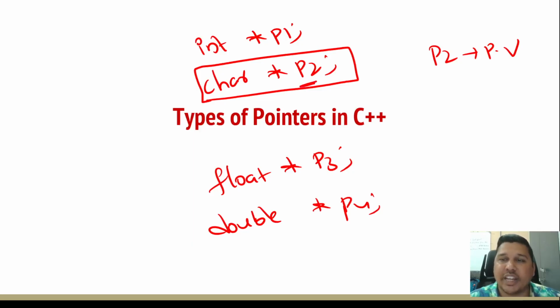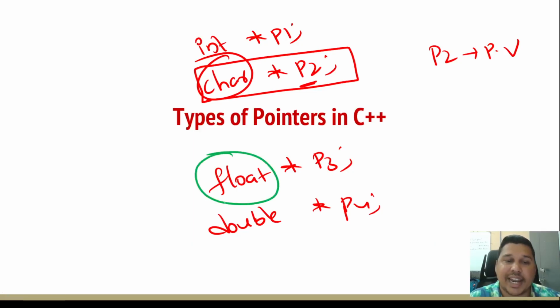P2 is a pointer variable. It is going to store address of which data type? That is character. It means when you declare a pointer variable, this indicates the type of the variable of which you are going to store the address here.